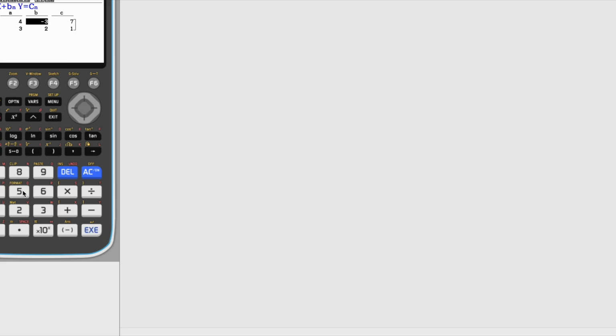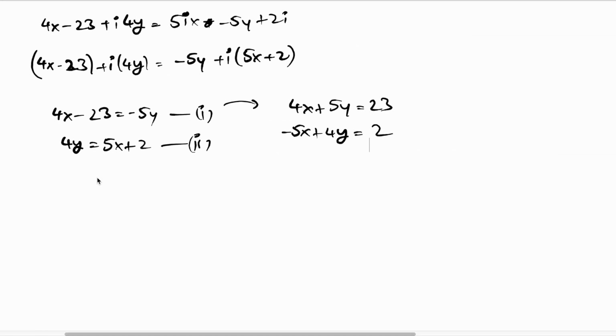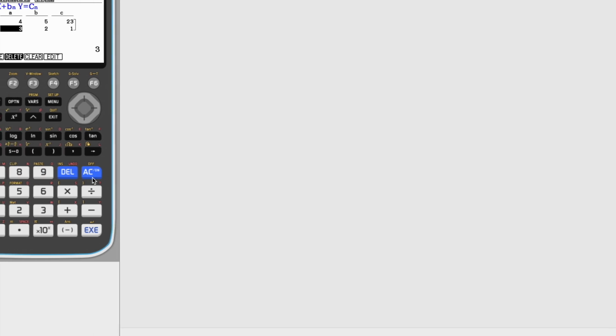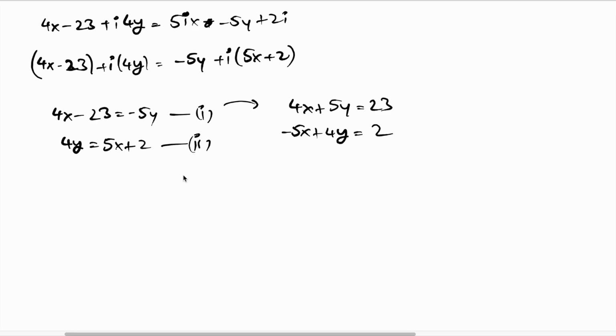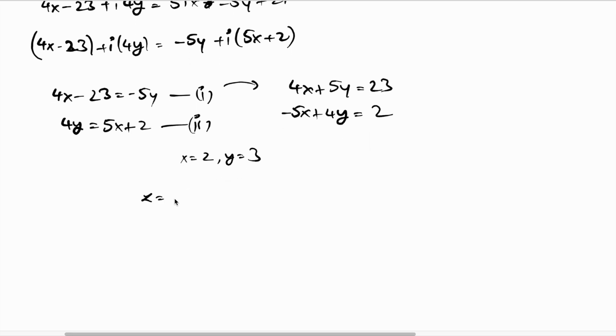And for the second equation, it's minus 5, 4 and 2. I'll press solve. I'll get 2 and 3. So x is equal to 2 and y is equal to 3. So my complex number z is 2 plus 3i. That's my answer.